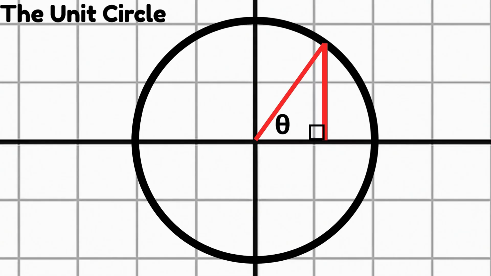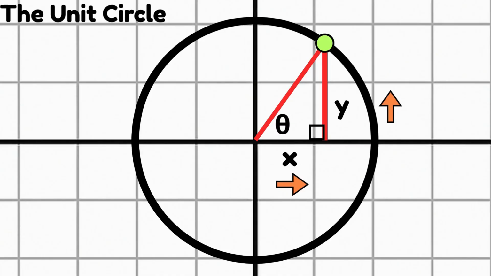So now this is a right triangle. And right triangles really mix in well with trigonometry. So let's start. To get to this point up here, in general, we need to travel some x units to the right and some y units up.